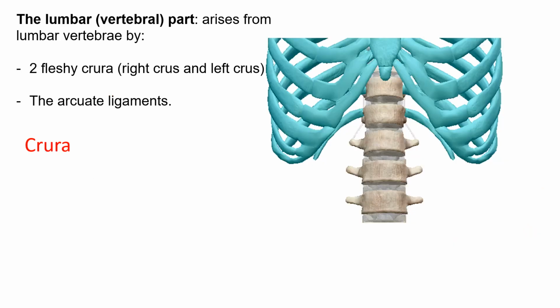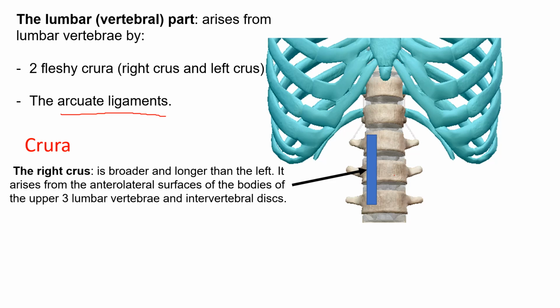The lumbar or vertebral origin arises by two parts, a fleshy part and a ligamentous part. The fleshy part is through the right and left crus of the diaphragm, and the ligamentous part is through the arcuate ligaments. The fleshy part, the crura, arises by the right crus and the left crus.